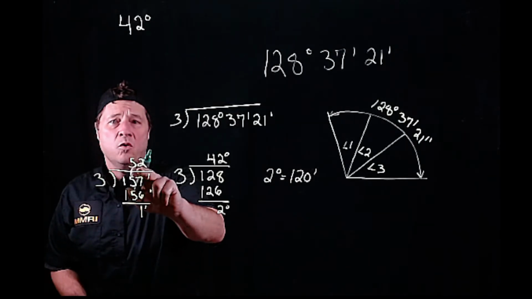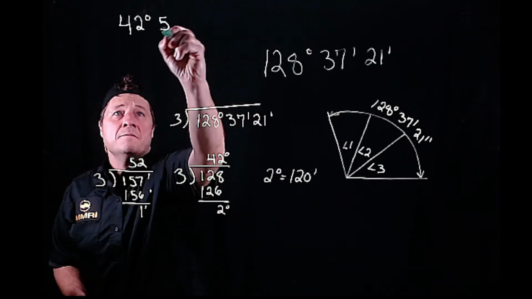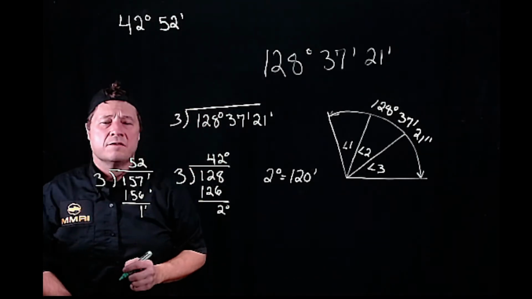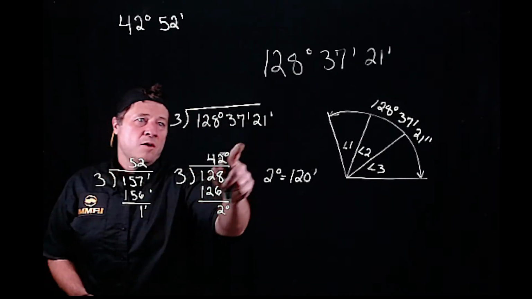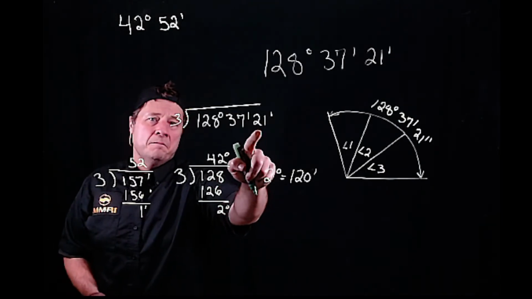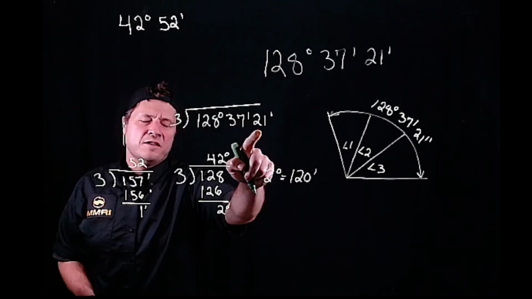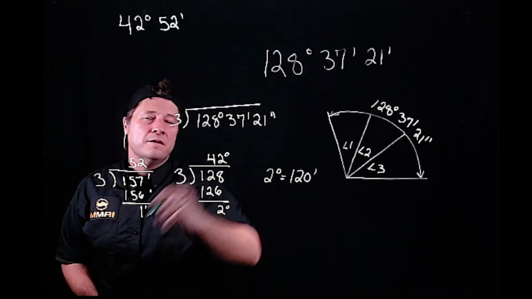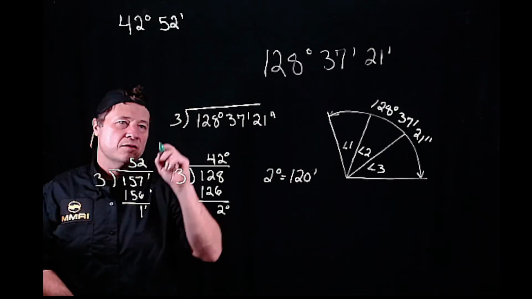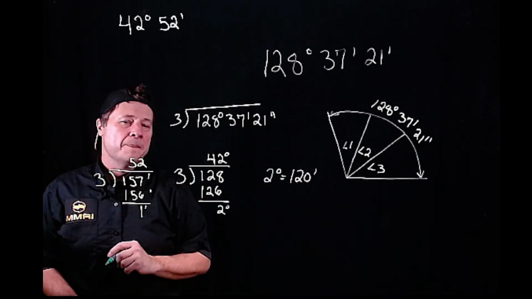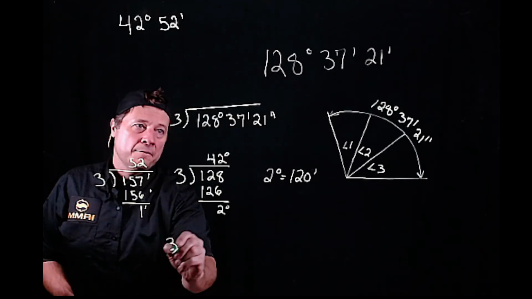So I'm going to take my whole minutes and write them up here: 52 minutes. Now I want to solve my seconds. Oops, I should have written that right. 21 seconds, with 2 little dashes there.